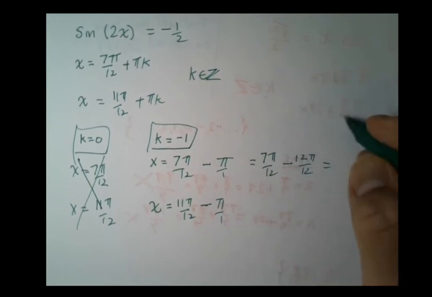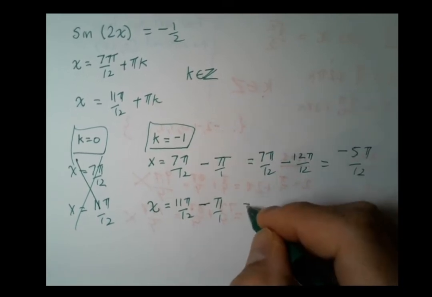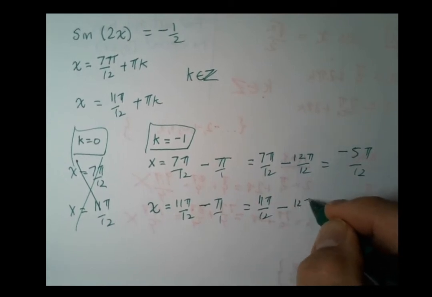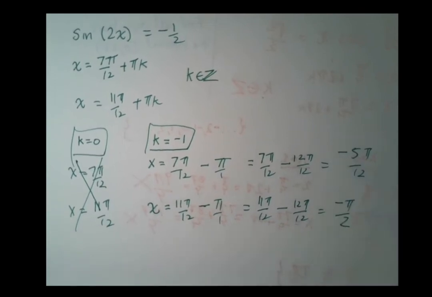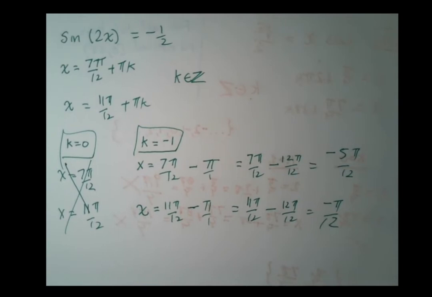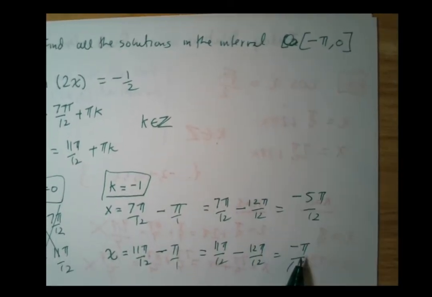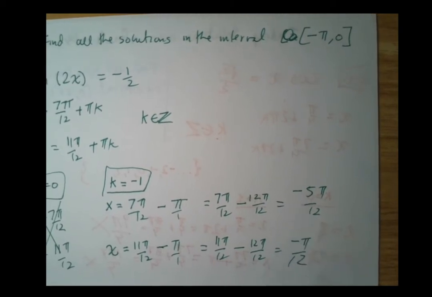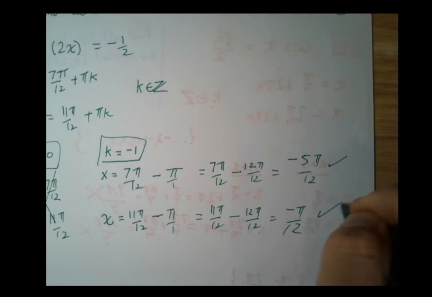Minus 12 pi over 12 gives me negative 5 pi over 12, and this is 11 pi over 12 minus 12 pi over 12. And these very much fall in my interval. Remember, negative 12 pi over 12 will be negative pi, so these are between 0 and negative pi. So those check out.